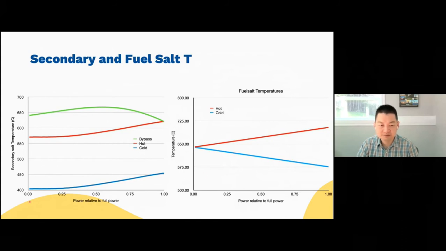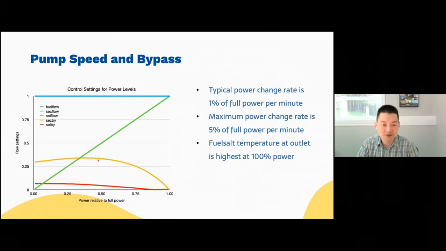Okay. To make this more clear, I'm showing you the pump speed. This is the primary loop pump speed. It's always constant throughout the power change. And the secondary pump speed, where we're using a flow rate here. The secondary loop flow rate and solar loop flow rate increase together.